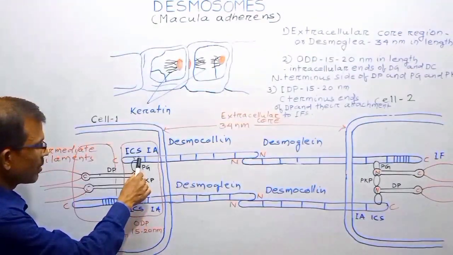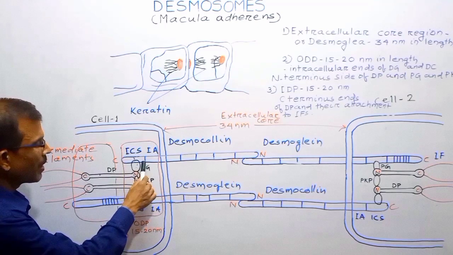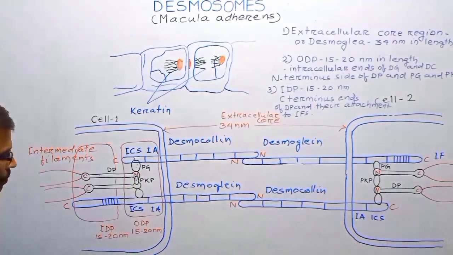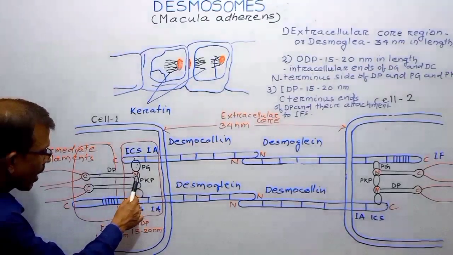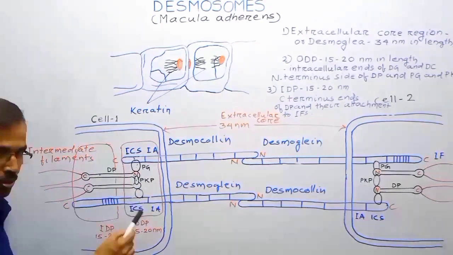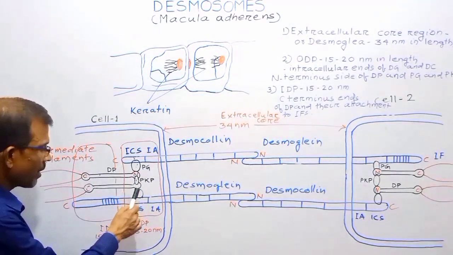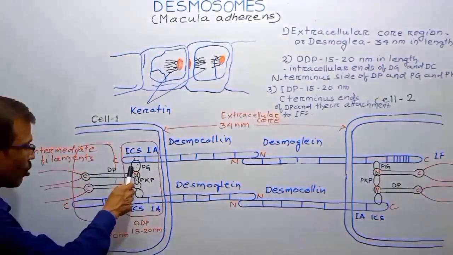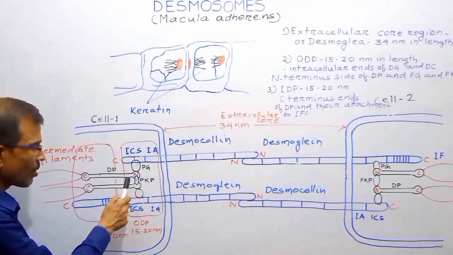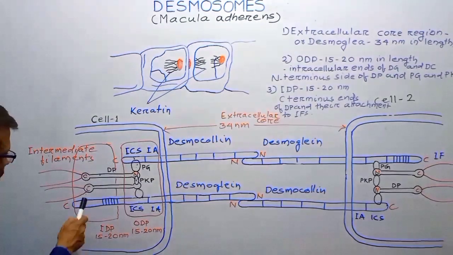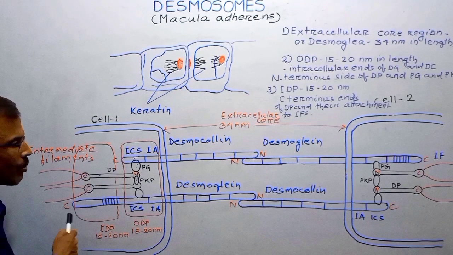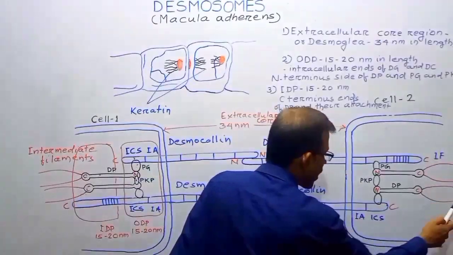Plakoglobin binds with the ICS domain of desmocollin and desmoglein. Another component is plakophilin. It binds with desmoplakin. So, desmoplakin associates with both plakoglobin and plakophilin at its N-terminus end. Then the C-terminus of desmoplakin associates with the intermediate filaments.